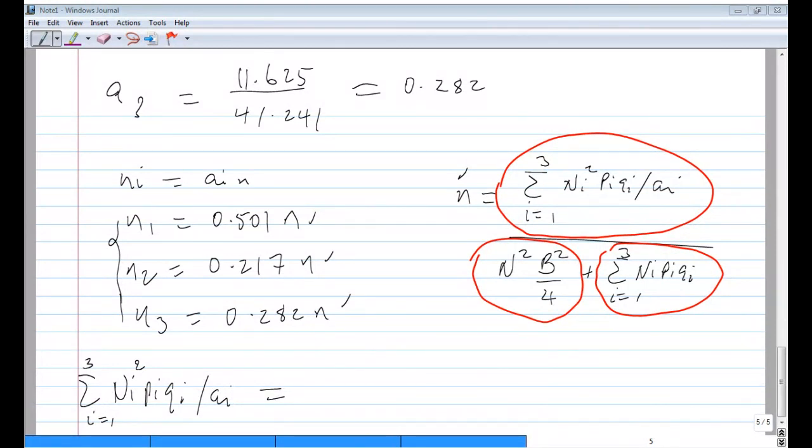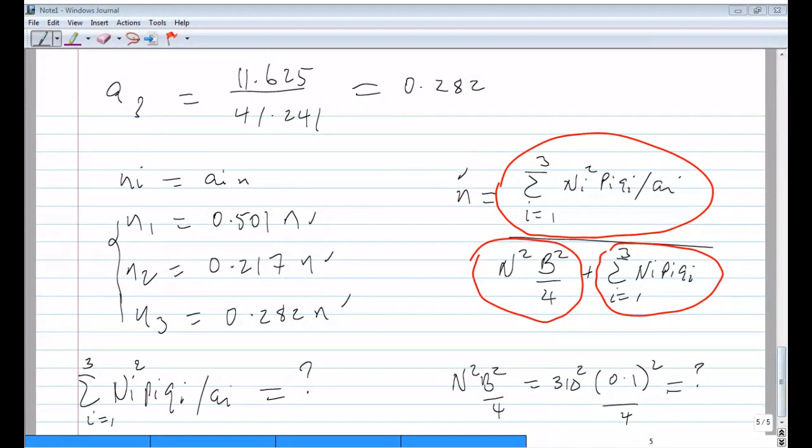Okay. Then find this one. Then later you have to find n squared b squared over 4. And the bound, remember, is 0.1. So in other words, it's 310, if I'm not mistaken here, multiplied by 0.1 squared divided by 4.